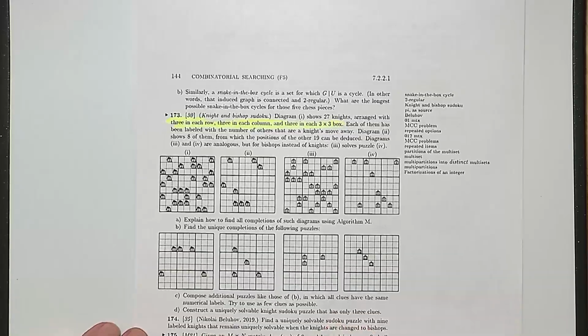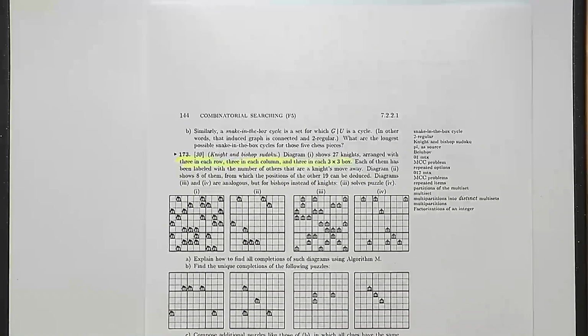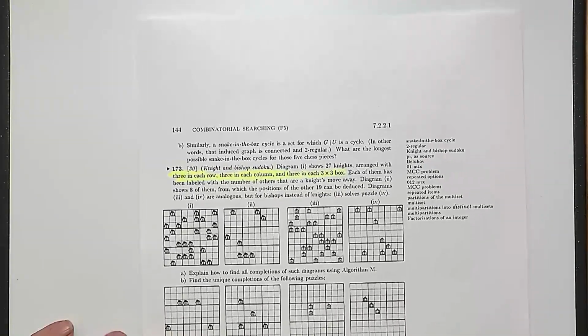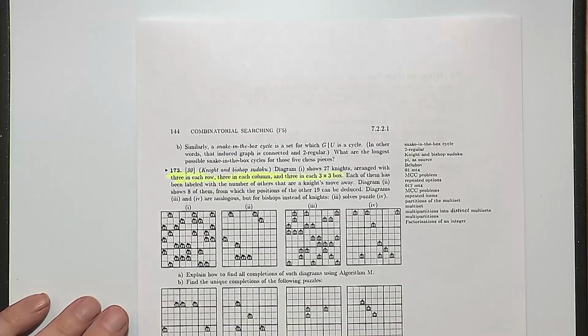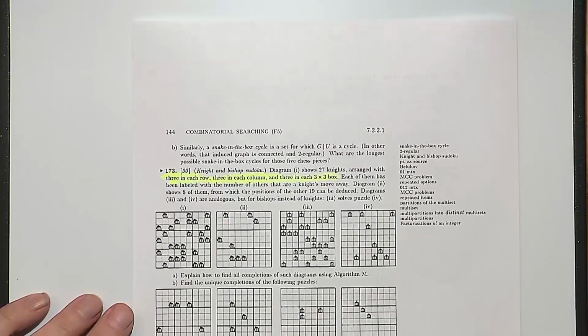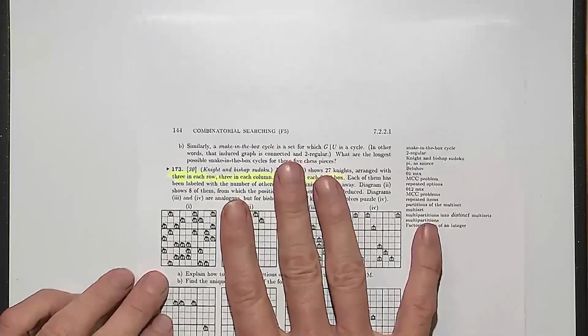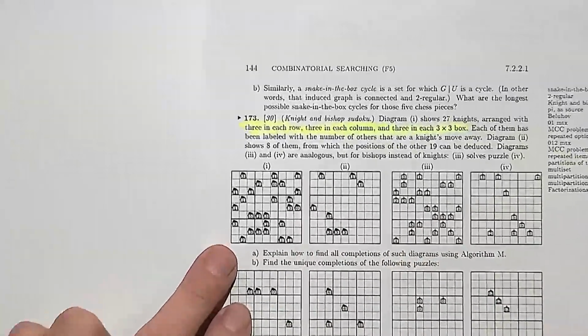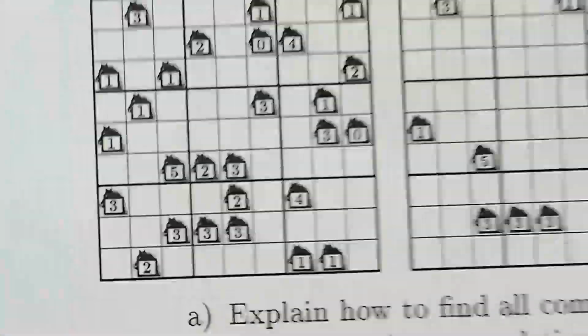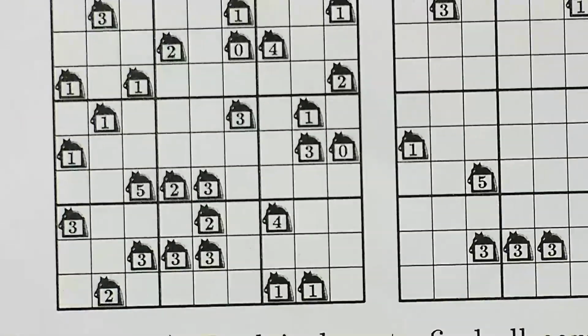The next one is even more fun. Knight and bishop Sudoku. This was invented by David Nassin, who has a new book out on the subject, published by the AMS recently. Let's take a look at this diagram, for example. I want to zoom way in on it.